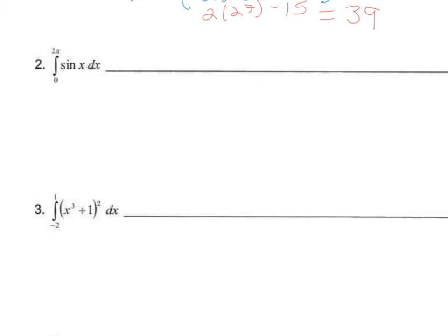Okay, so for number 2, if we look back at our formula, the antiderivative of sine x is negative cosine x. So we've got negative cosine x from 0 to 2 pi. So we're going to plug in the top number, minus, plug in the bottom number.